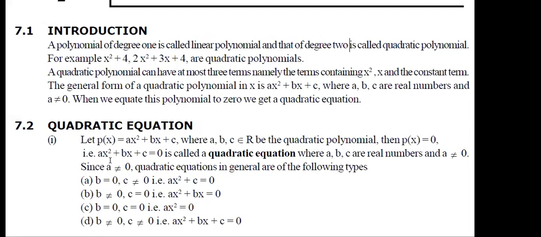But suppose a is equal to 0, can it be a quadratic equation? No, right? Very good. Anything can be 0, but a should not be equal to 0. For any quadratic equation, a should not be equal to 0. That's the first condition. Got it?